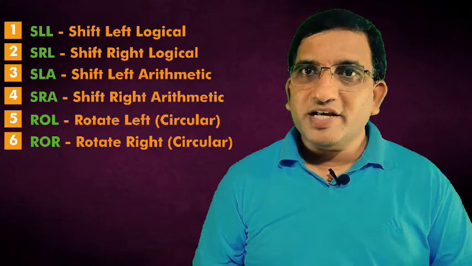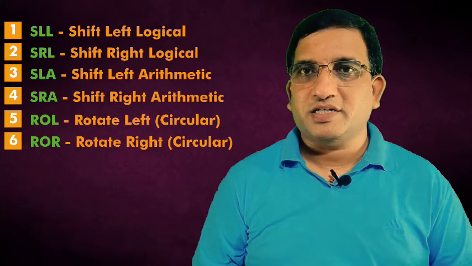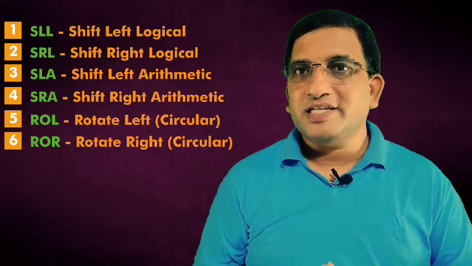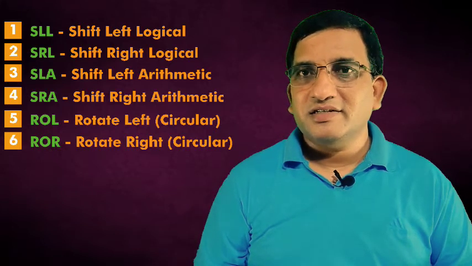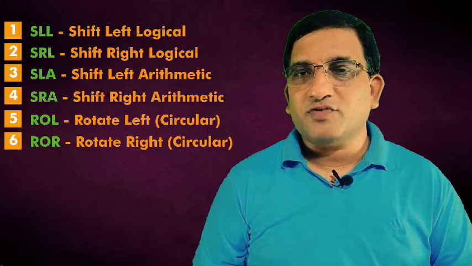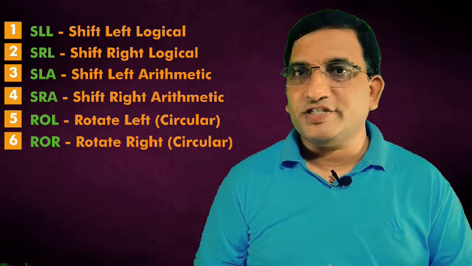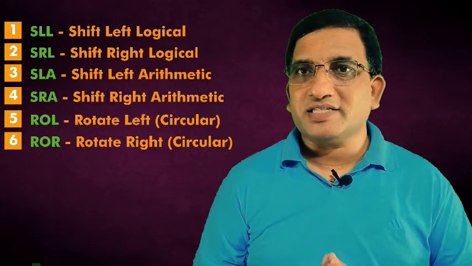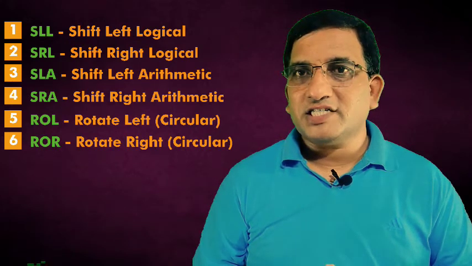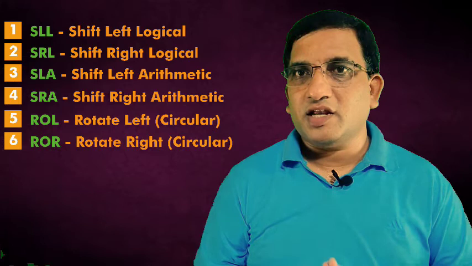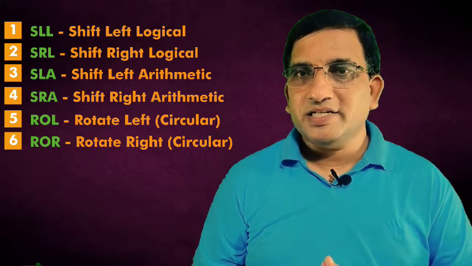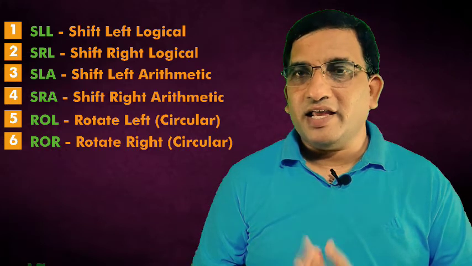So the various shift operators available in VHDL are listed as SLL. SLL stands for shift left logical. The second shift operator is SRL, which stands for shift right logical. The next operator is SLA.